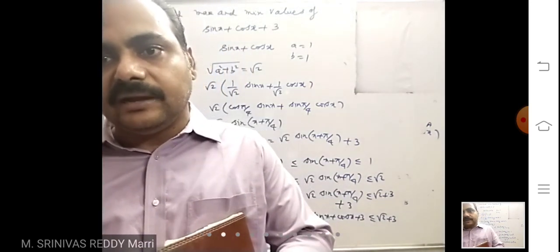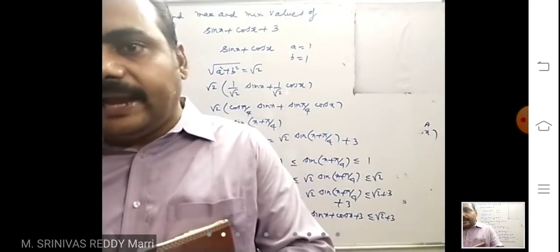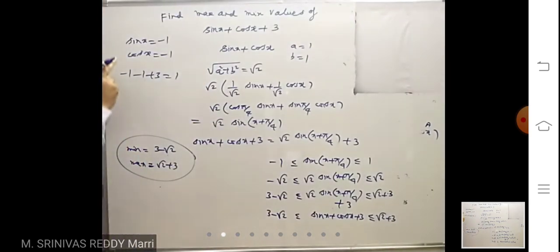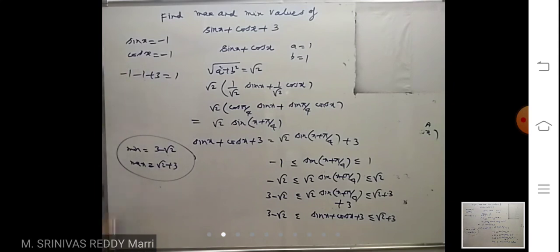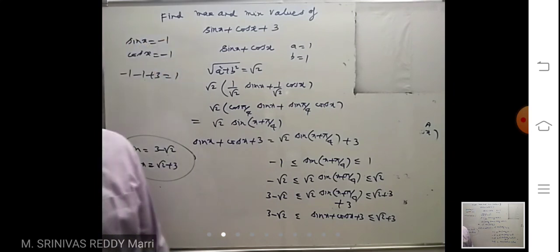No such angle exists. Whenever sin x equals minus 1, cos x cannot be minus 1. So substituting like this is wrong, because for both being minus 1 there won't be any x.